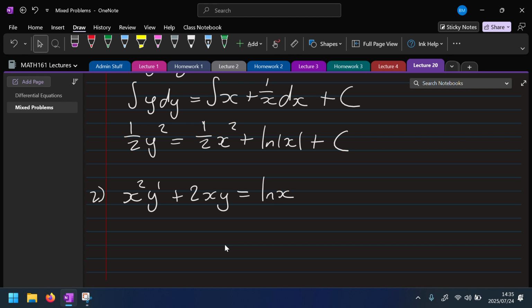Linear. So it's linear, so we can use an integrating factor. That's fine. Is it separable? Hands up if you say it's separable. Hands up if you don't know what separable means. Okay. Yeah, no, it's not separable. You can't use separation of variables.